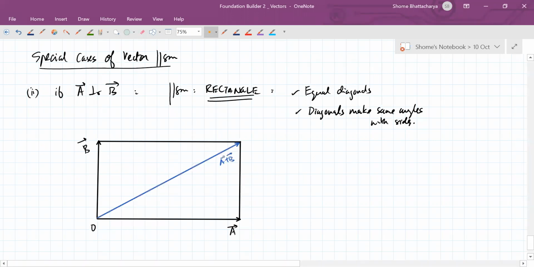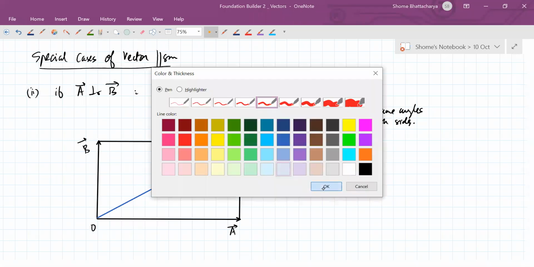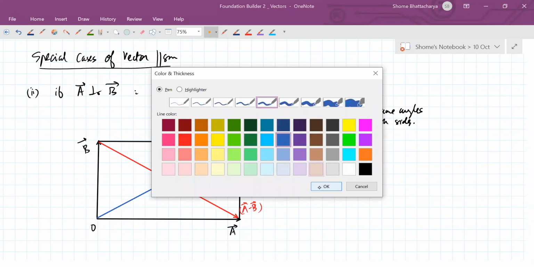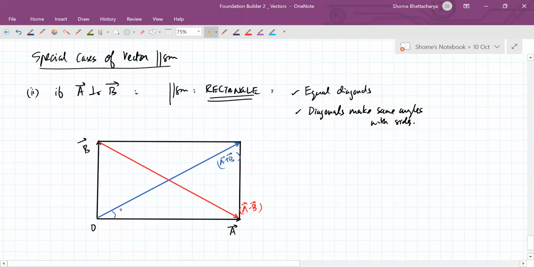So the primary diagonal, which represents the sum, and the secondary diagonal, which represents the difference, they become of same magnitude. Okay, and also this angle alpha here becomes equal to this angle beta.